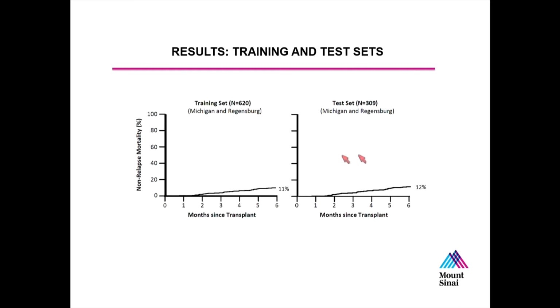Here's the training set on the left and the test set on the right, about 600 patients and 309. You see the overall non-relapse mortality is 11 and 12% respectively. The algorithm gives us a difference of about 20% between the high-risk and the low-risk groups, and it's about 16% of the patients.